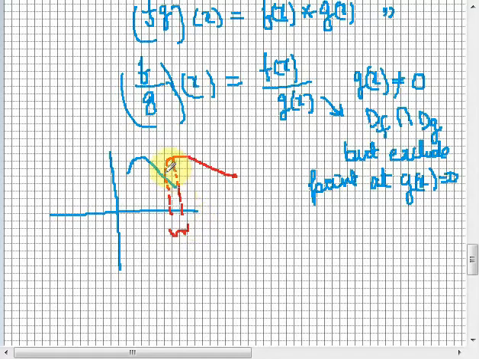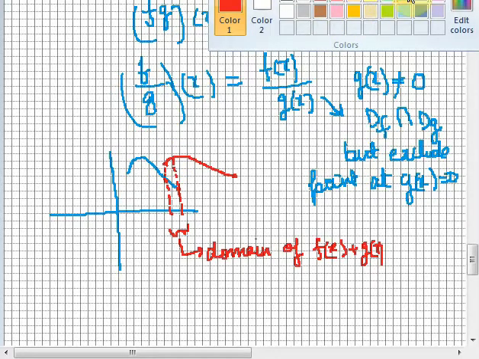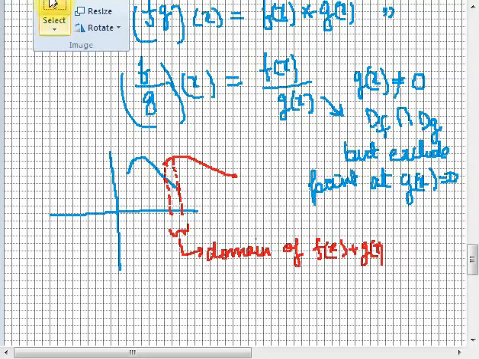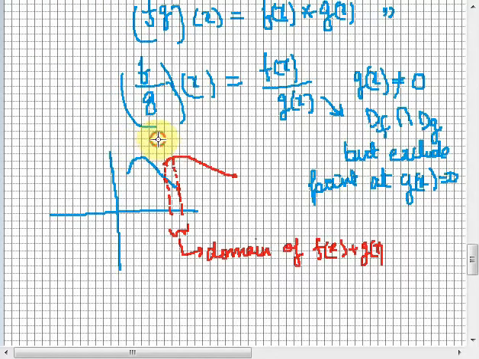So the domain of f(x) plus g(x) is this one only, where the domains of both functions intersect, or where the domain of both functions is common. I will draw a graph in a different color. This much I remove.